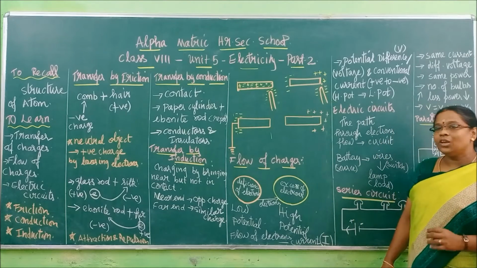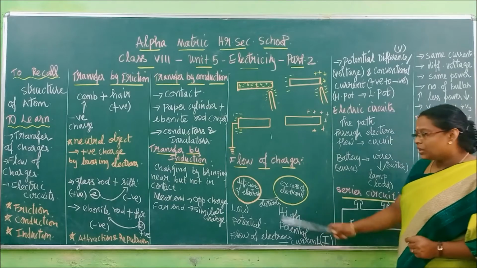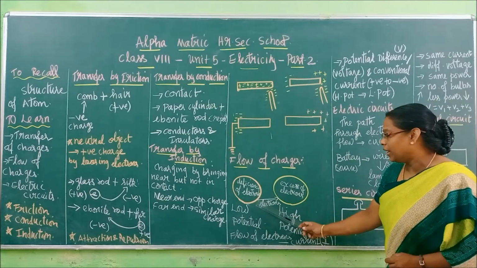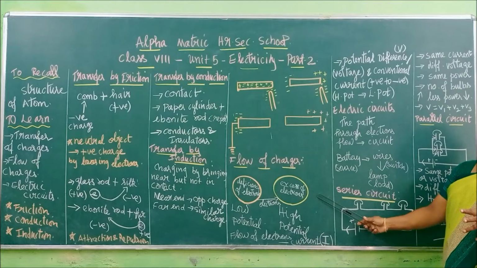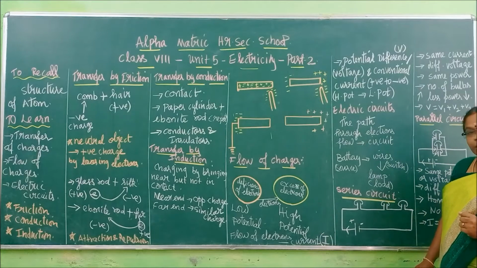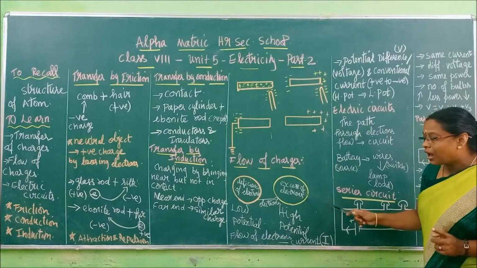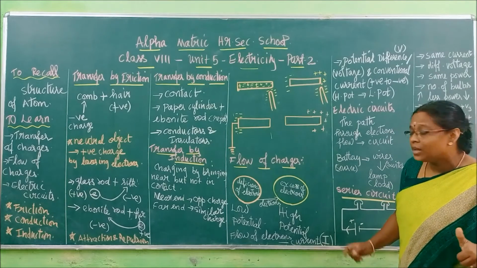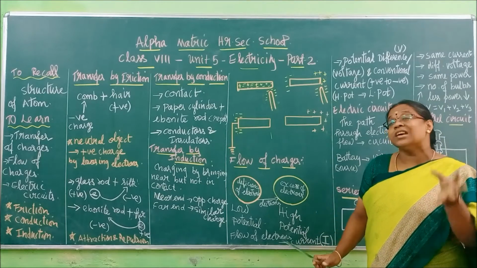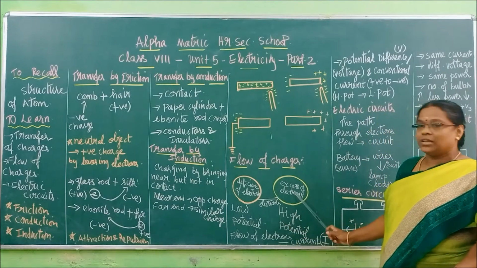Now usually what will happen, children? From the lower potential body, electrons will get transferred to the body at higher potential. When will they get transferred? When there is some difference in the potentials.